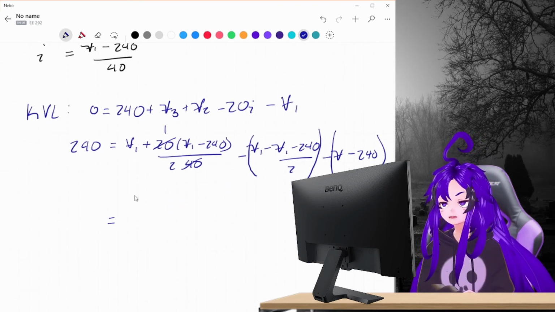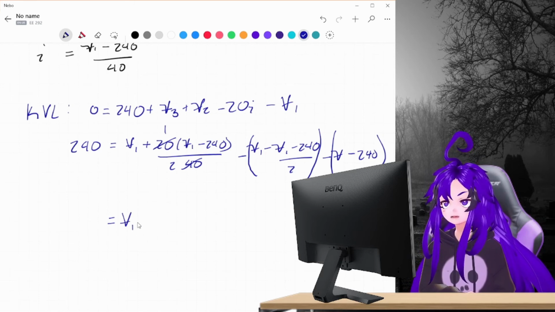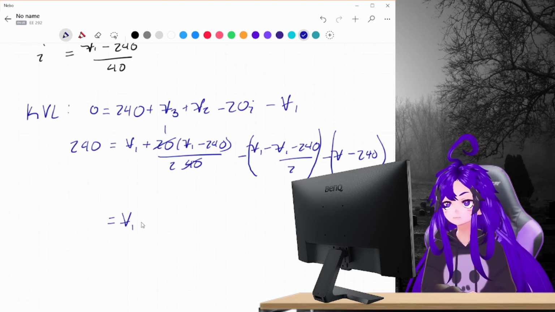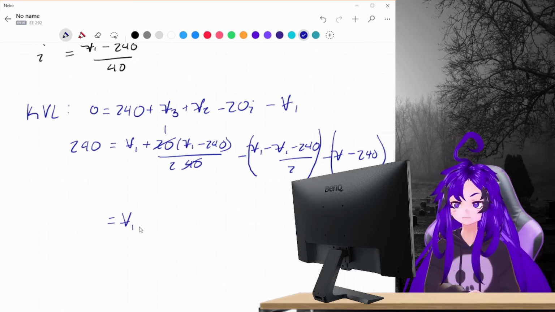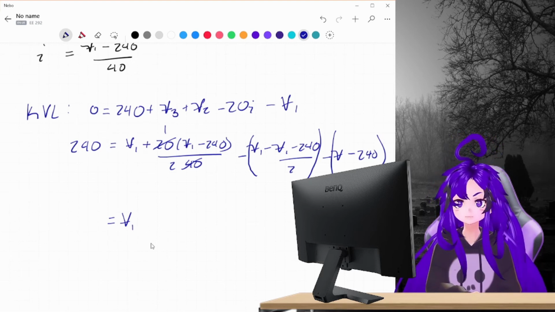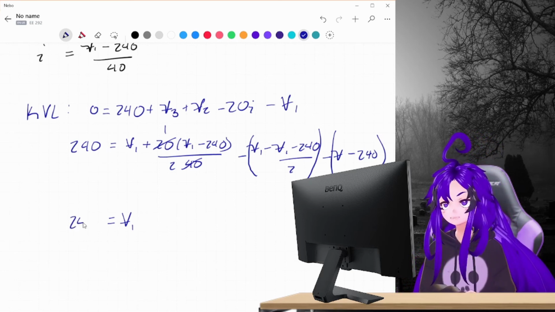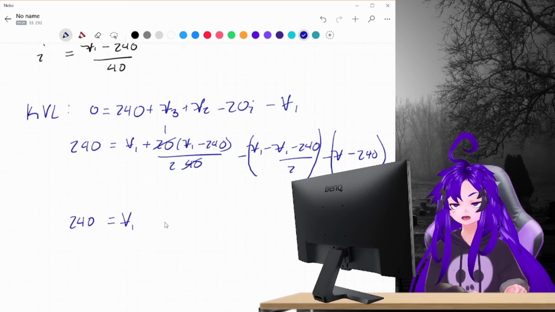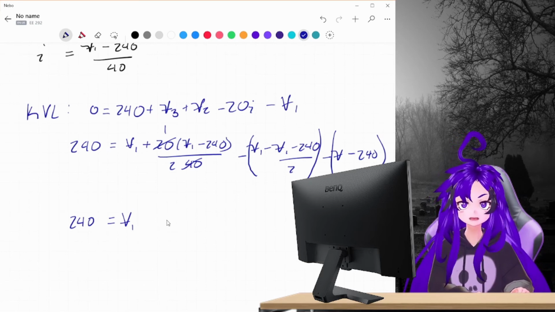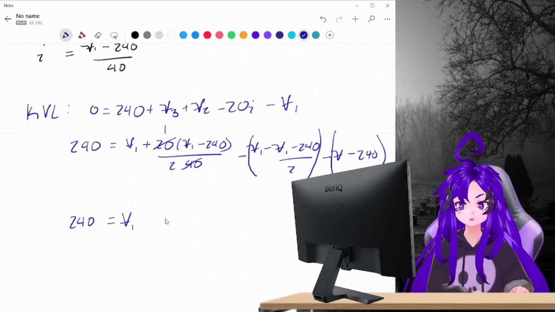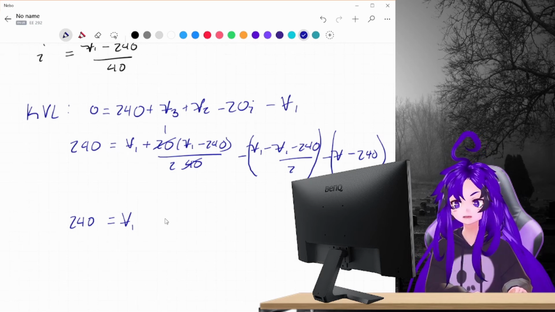So let's see here. And honestly, we only need to solve one or the other of these since they're all in terms of V1. We should be able to solve it, get V1 and then just plug it into everything else. If you want to do this anyway, that's perfectly fine. You could set it up as a system of equations in a matrix, or do it this way, or take a hammer and fix the equation, or whatever.